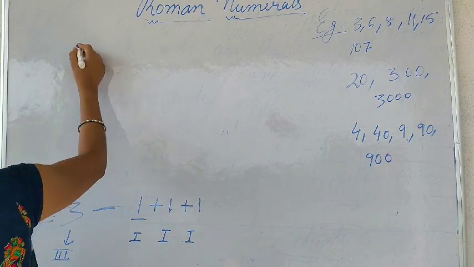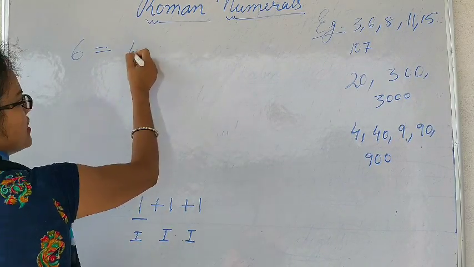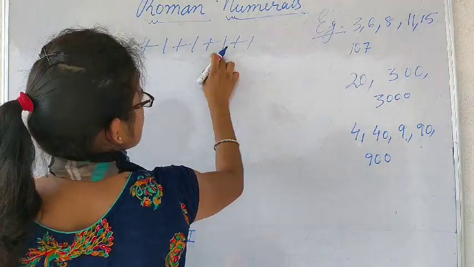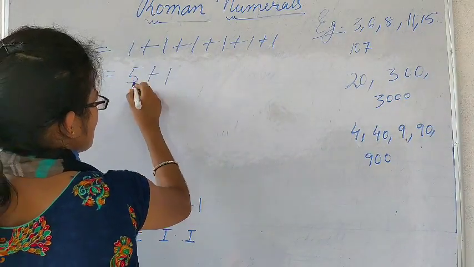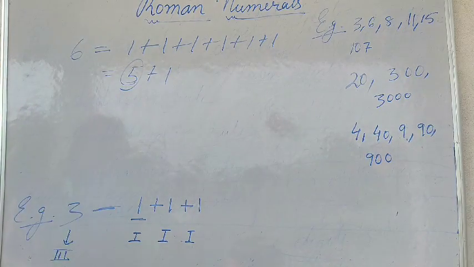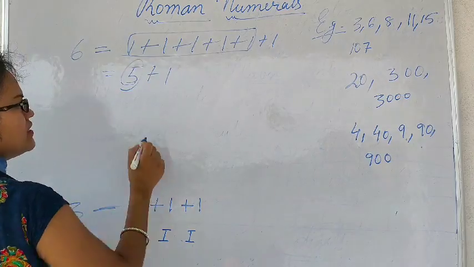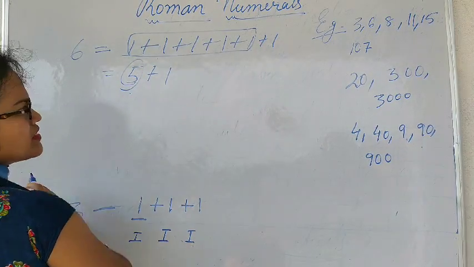Now the next example is 6. How can we write 6? Either 1 plus 1 plus 1 plus 1 plus 1 plus 1, or we can write it as 5 plus 1. Because there is one symbol for 5, we'll omit writing 1 five times. In place of this we will write 5 plus 1.